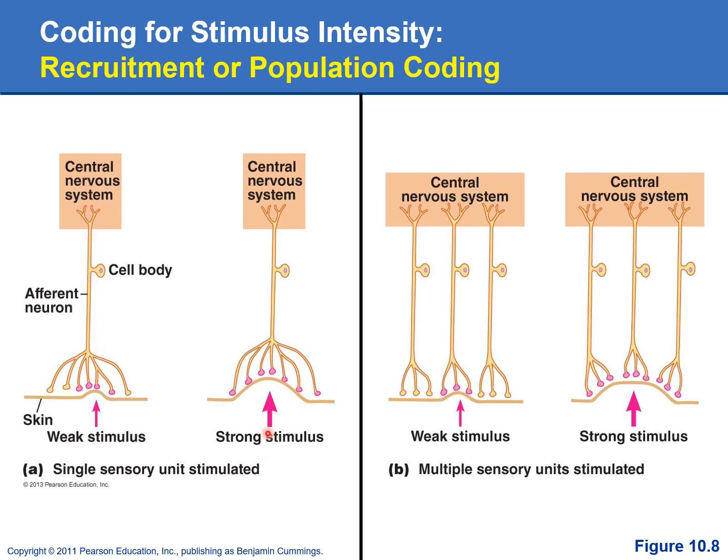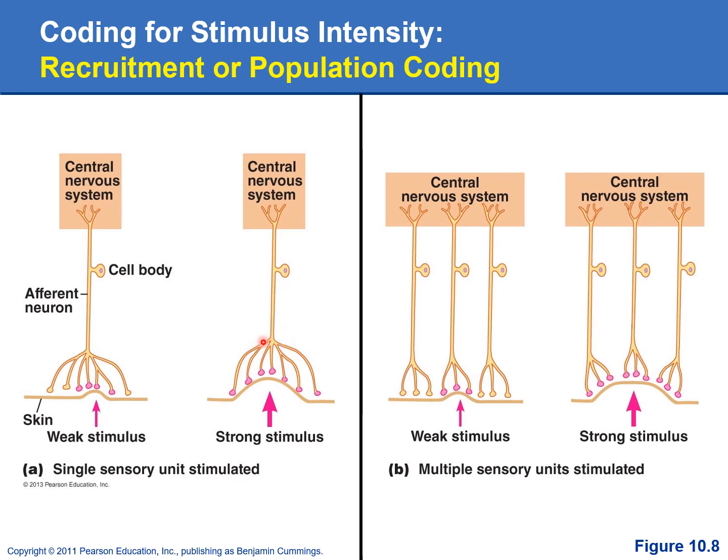But if we have a stronger stimulus pushing on the skin, we can actually activate more of these sensory receptors in this single sensory neuron, opening up more ion channels in each of these receptors. And then we end up creating more receptor potentials, and we can add those together.